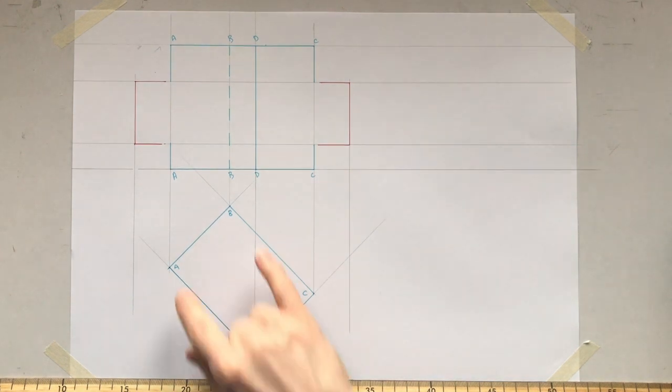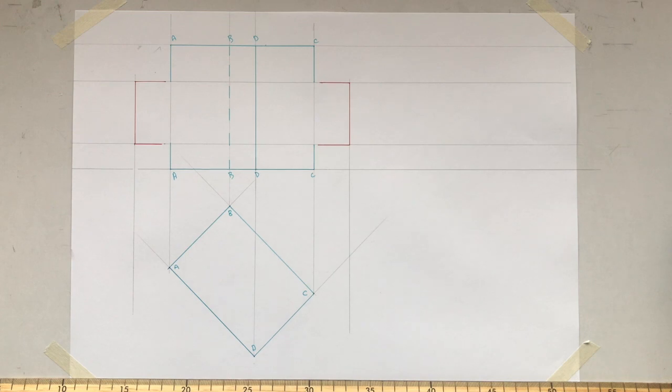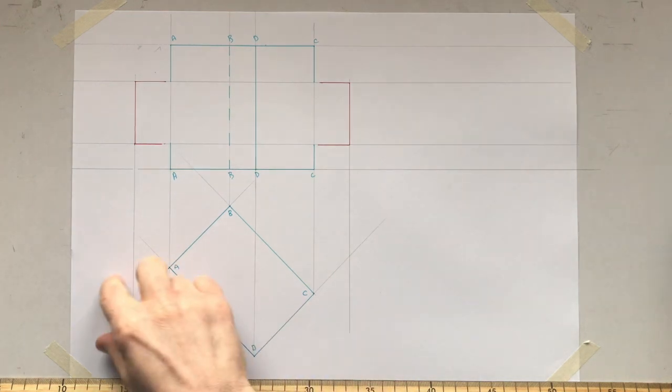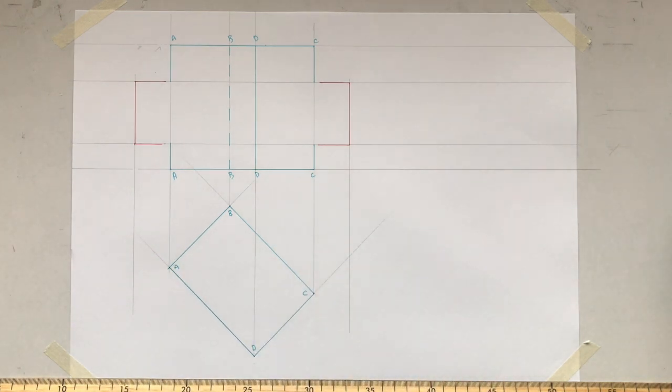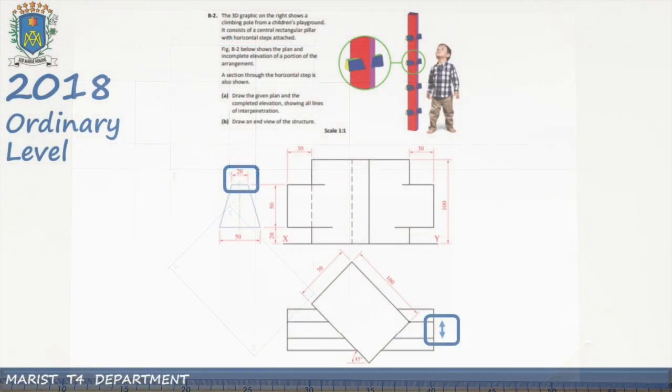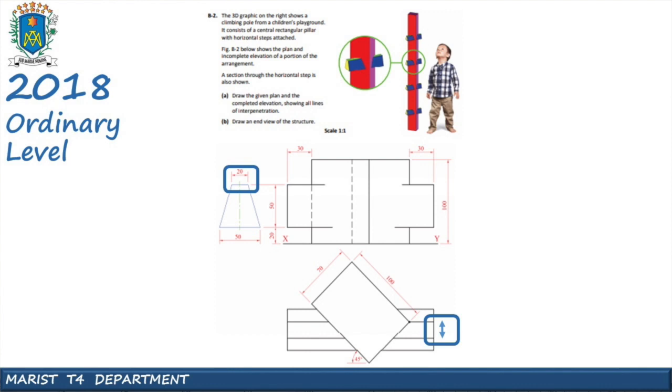So when we look at our plan, we've got our outline of the pole, but we need to find out where this rail goes through. Now, if we look closely at the question, we can see that we're given an end view, but it's just of the rail, and it's shown us the shape of this rail, and it's given us some measurements. We can see the measurement here of 20.